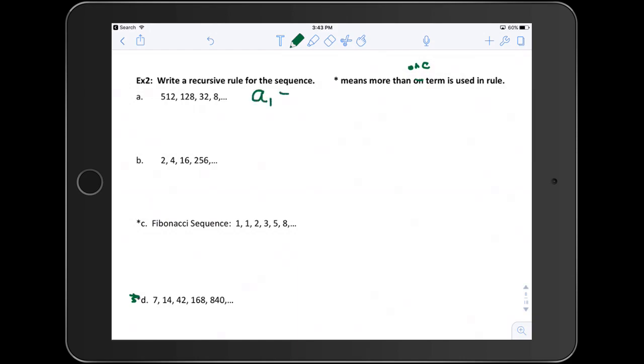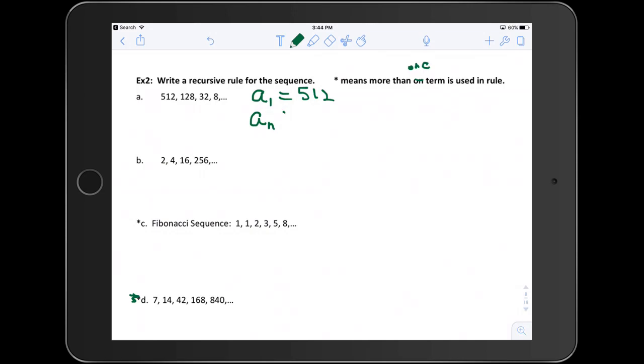First of all, you need to know your first term. And you could start with a sub 0 if you really, really want. I like starting with a sub 1 because it's easier to talk about, especially in a video. So I know my first term is 512. So that's the first thing you always need to do. You need to write just the initial value. From there, now you have to say, okay, what do I do with that value to get to the next term value?